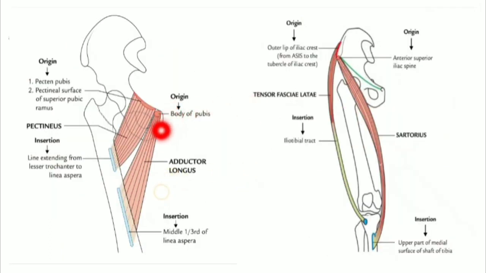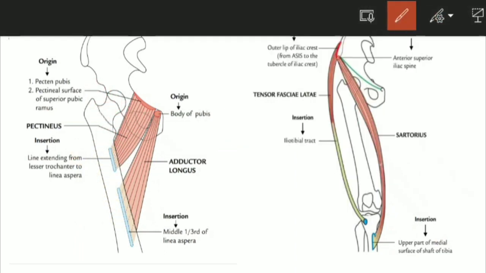So you see in this diagram, I'll draw here. Here will be the sartorius muscle, and this is the adductor longus muscle. This is what forms the femoral triangle. This adductor longus muscle turns like this.